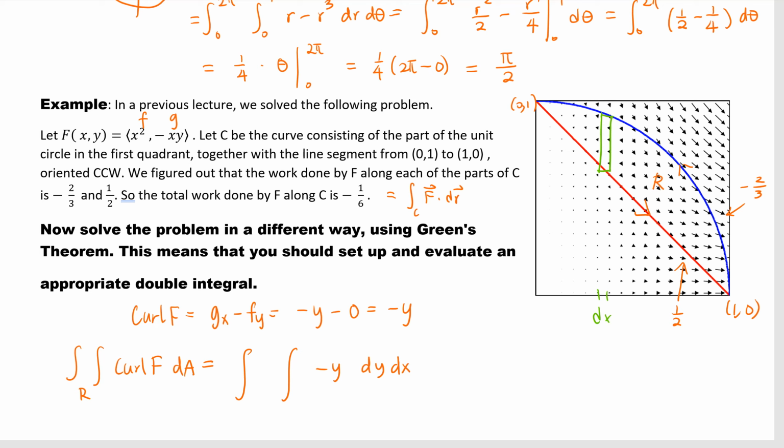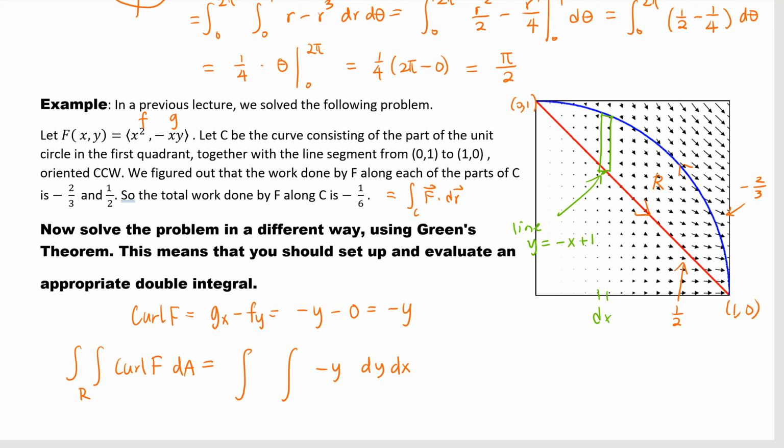And the bottom one, what is this line? Well, this line passes through (0, 1) and (1, 0). So this is the line y equals, the slope is minus 1 and the y-intercept is 1, so negative x plus 1.